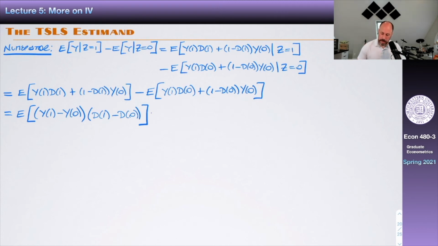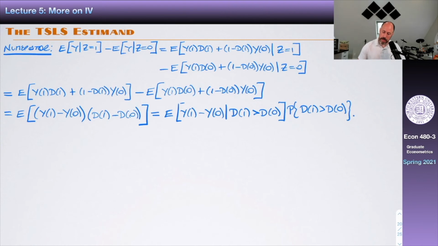And then by the law of iterated expectations, this is expected value of y1 minus y0 conditional on d1 greater than d0, times the probability d1 greater than d0. And that's the numerator.